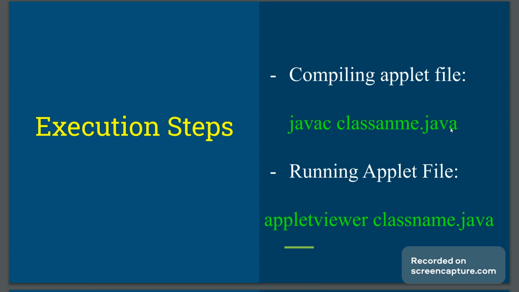If there are no errors, we have to run the file. As there is no main method in this applet file, we cannot use the java command with the file name to run the file. We have to run this applet by using the appletviewer tool. So appletviewer, and we have to give the class name.java or file name with .java extension.